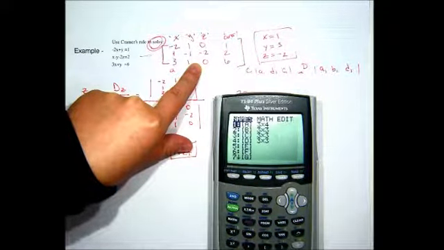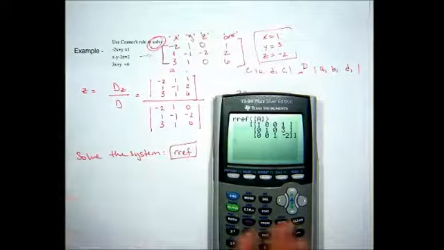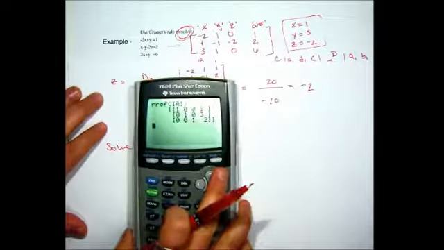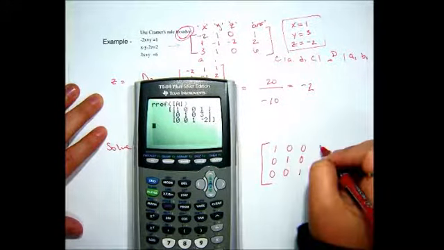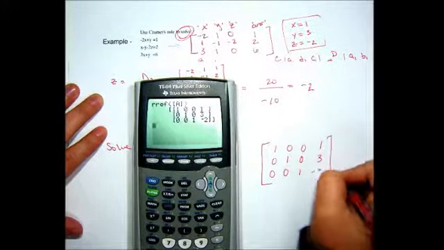Back into matrix, under names, pick up the matrix I just made, and hit enter. Notice that this is spitting out the solution for me. It states that the solution is 1, 0, 0, 0, 1, 0, 0, 0, 1, 1, 3, negative 2.